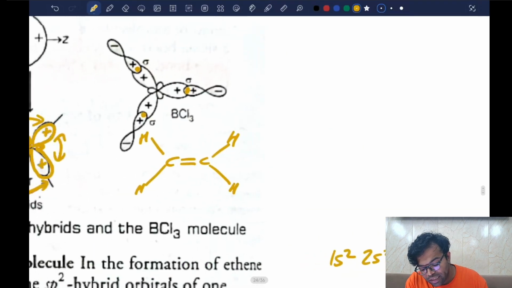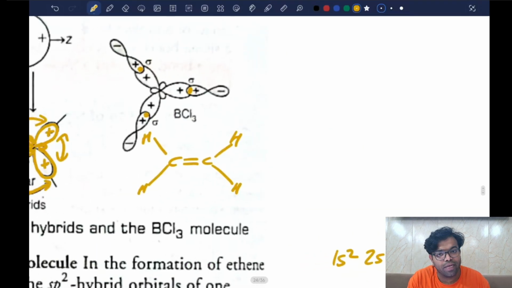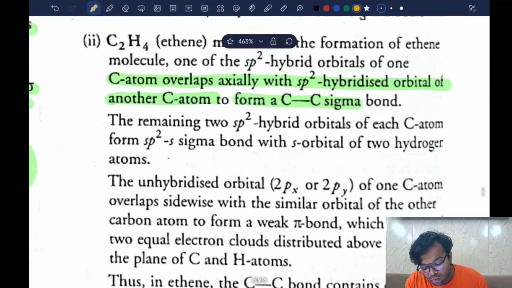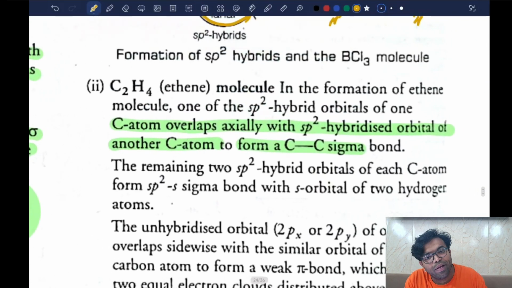So we know that ethene molecule has a double bond, right? So one of the p orbitals can have a sideways overlap with the other p orbital of the other carbon atom to actually form the double bond. Okay, it is going to form the double bond like this. Clear? So let's actually discuss this in detail. Now, one of the sp2 hybrid orbitals was consumed in the formation of the carbon-carbon single bond.